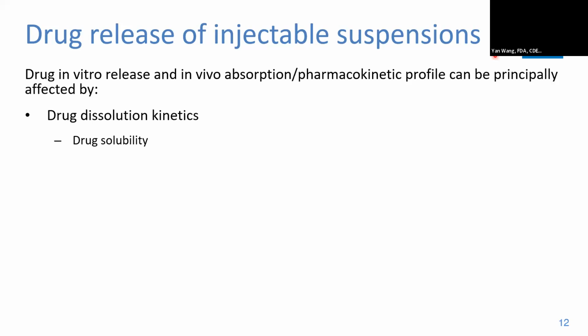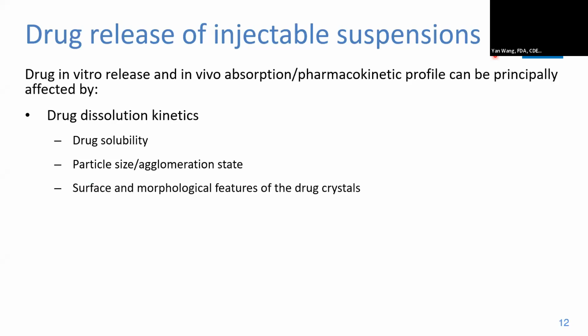So the drug dissolution kinetics, its own property, is key here. The drug's own solubility is one critical factor, and then the particle size, and I have a case study to show that the agglomeration state can have a huge impact on how the drug may be released.